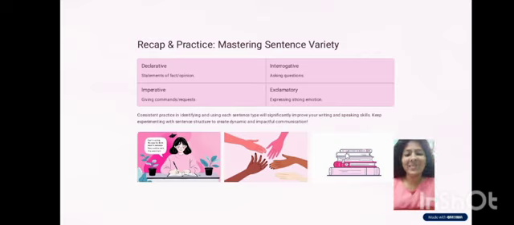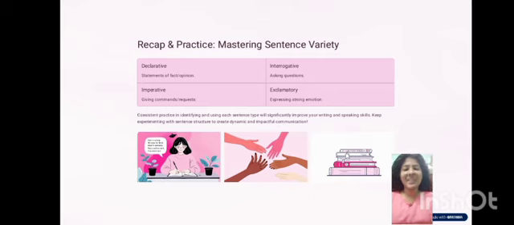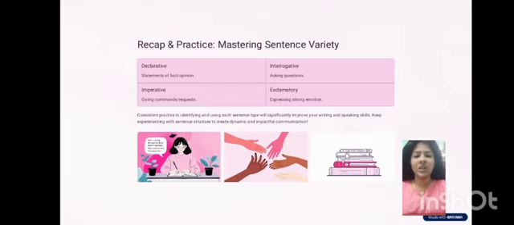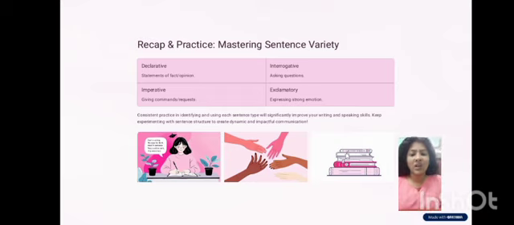So, these are the four types of sentences that we studied today, and the purpose is also mentioned here. Together, these sentence types contribute to clarity, interaction, instruction, and expressiveness in communication. A thorough understanding of these forms enhances linguistic competence and supports effective teaching and learning.